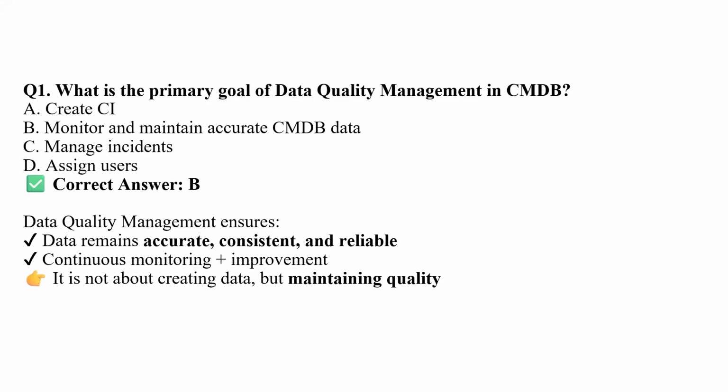So data quality management ensures the data remains accurate, consistent, and reliable, through continuous monitoring and improvement. For example, take a hospitalized inpatient. For continuous monitoring, the patient's bed is attached to BP monitoring, heartbeat and pulse oximeter, and the sugar values are frequently monitored. Why? To maintain proper health condition.